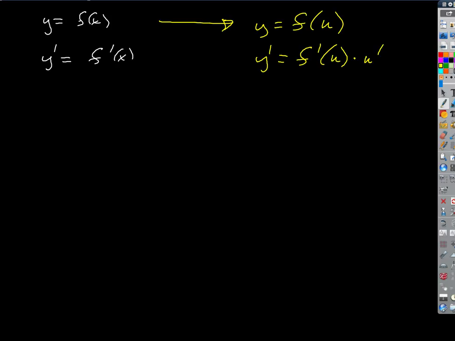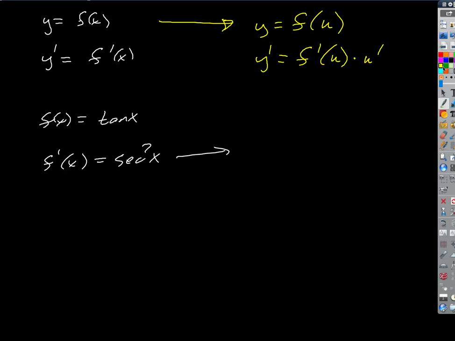I'm not going to go through them all, but for example, let's say we had f of x equals tangent x. Well then that just means that f prime of x equals what? Secant squared x, right?